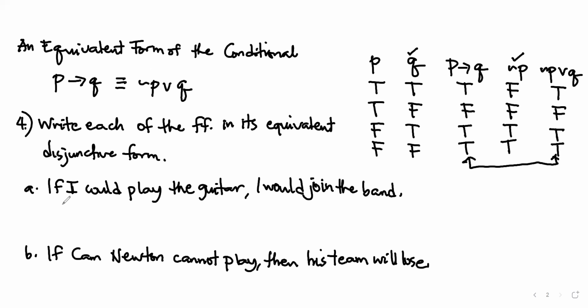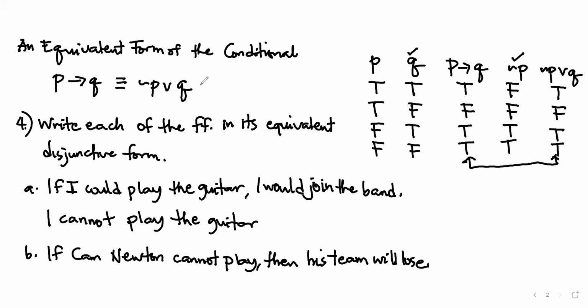The negation of "if I could play the guitar." So our answer is: no, there's no "if." Not P, so I cannot play the guitar, or I could not play the guitar.